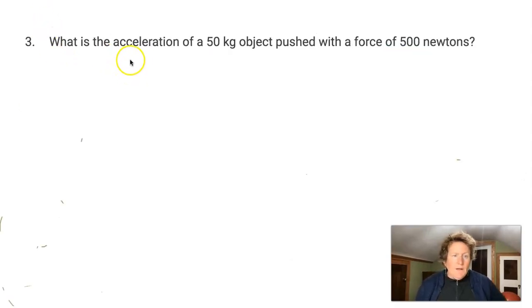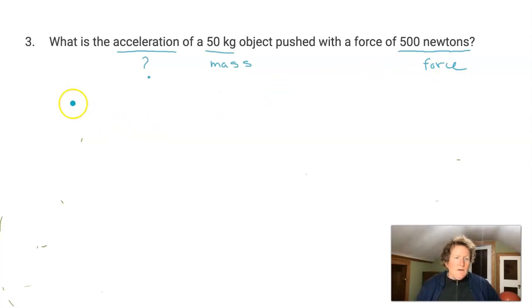Number 3, we're asked to find the acceleration. That's what we're looking for. We have a 50 kilogram mass, and we have a force of 500 newtons. So this time they give us the force, but they want us to find acceleration. We can set up our triangle here.